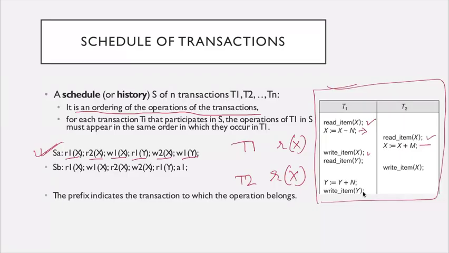Then we go to transaction T1 again, which writes data item X, followed by a read of data item Y. Then it shifts to transaction T2, which executes write data item X. Then we go back to transaction T1, some local operation, and finally write item Y. So this is a schedule, and this shows an order in which the instructions in transactions work when we have an interleaved execution of the transactions.